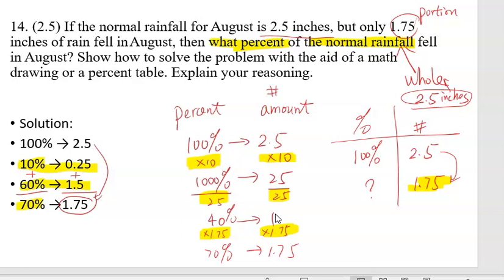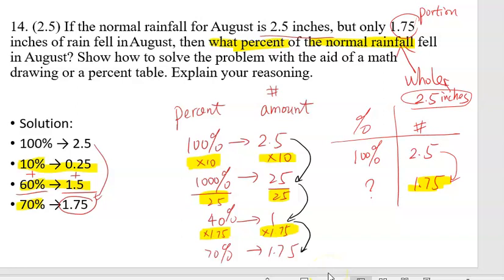So in this case, I got rid of the decimal, I turned 2.5 into 25, and then I turned 25 into 1, and then I turned 1 into 1.75 by doing these highlighted operations.